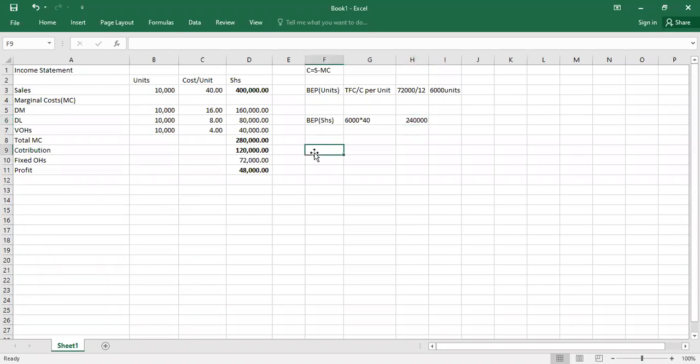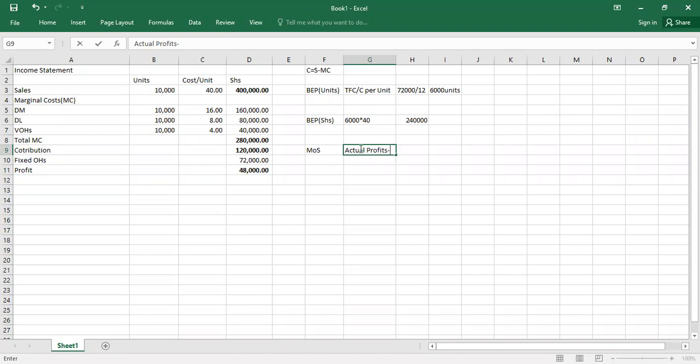So can we get the margin of safety? What is our MOS? I said margin of safety is the actual profit minus BEP. If you are not talking, mute yourself.